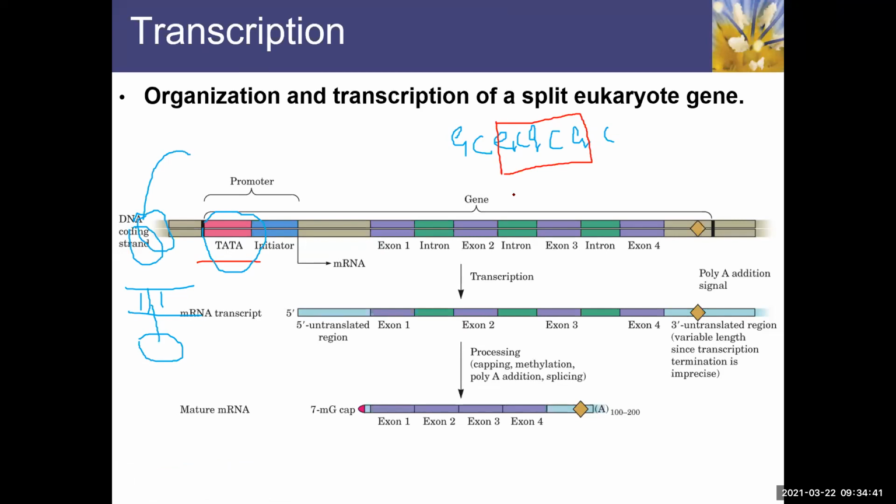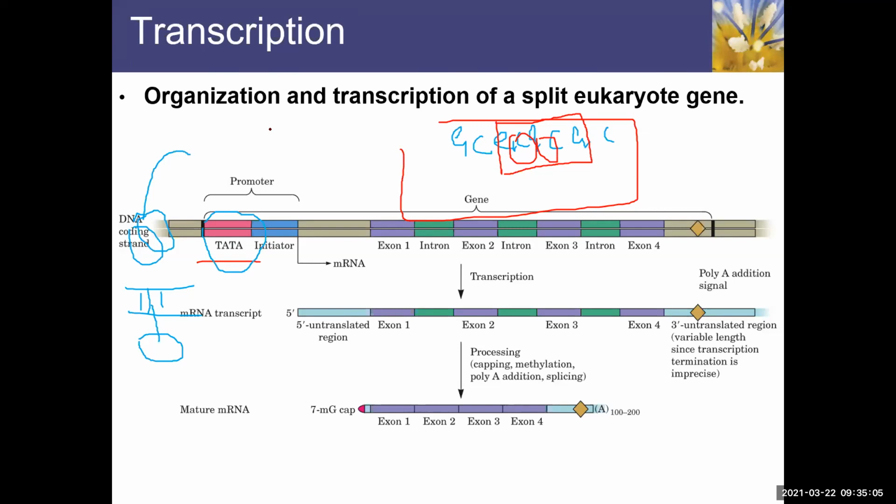That is present within the promoter. For example, this whole thing is a promoter, and we have a small sequence called a response element. What is the function of this response element? It can also bind to certain transcription factors and regulate the transcription of the genes.